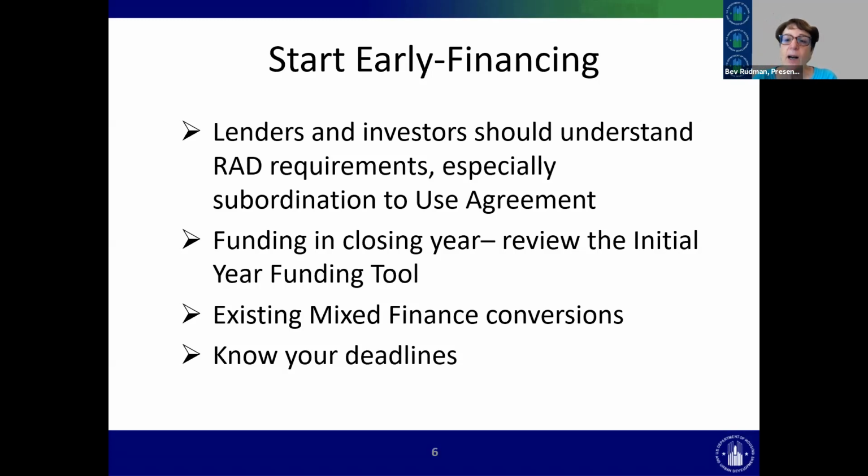The way it's set up is that the year that you close, so the calendar year that you close, the funding still comes from the appropriated money for that year. That's what will come through the PHA, through LOCCS. That's what you have. That's what it is.